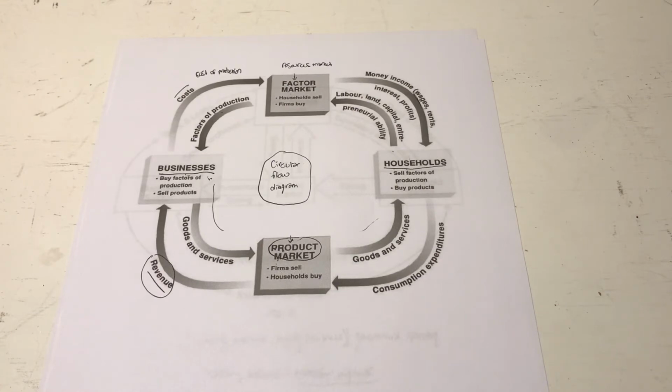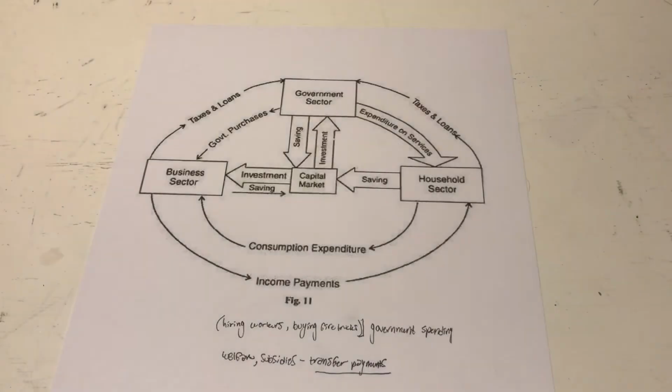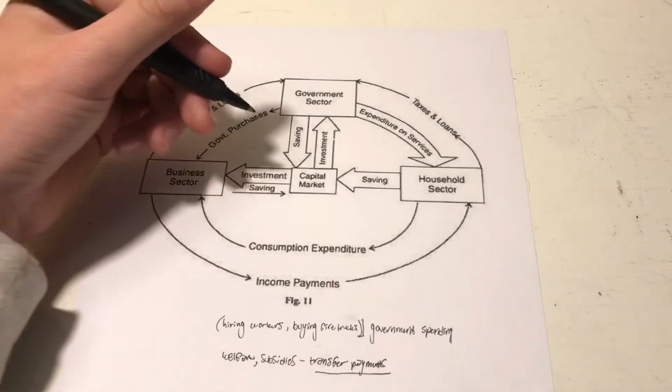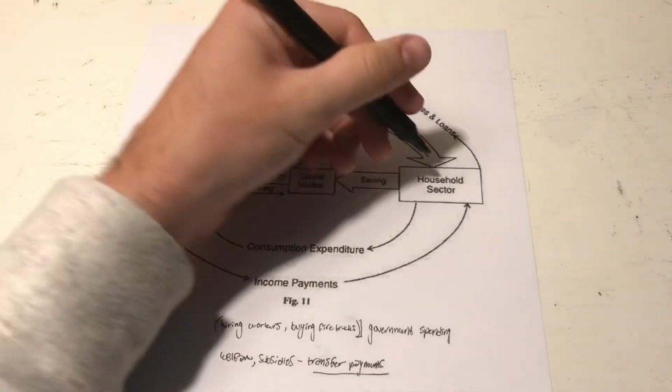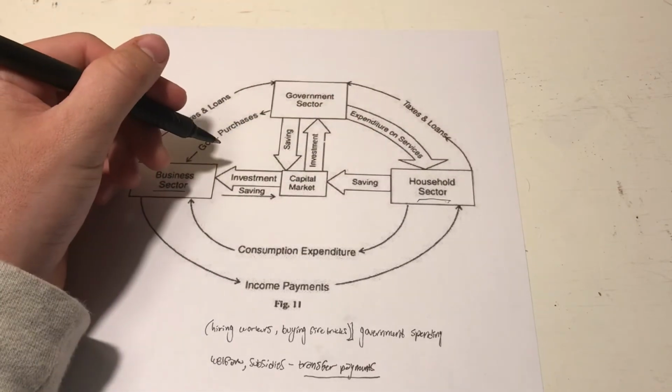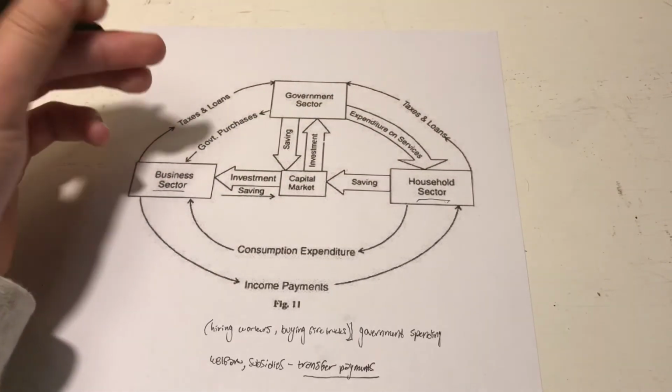So now let's get to the government's role in this flow diagram. The government is very important, but is not included in the model. So let's go to a new page. It's not included. But this is called the public sector, which is what the government is in. So the government helps and plays a part in both the product and the resource market. They buy things from the product market, from the business sector.